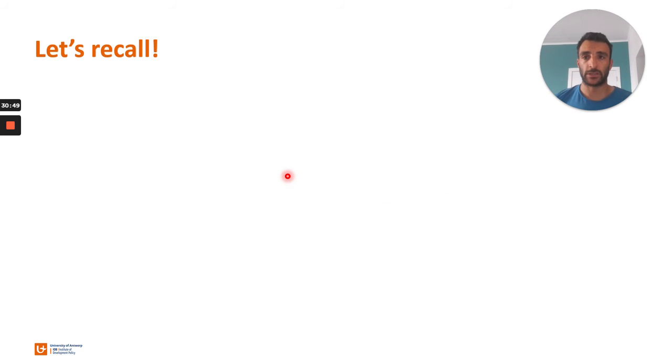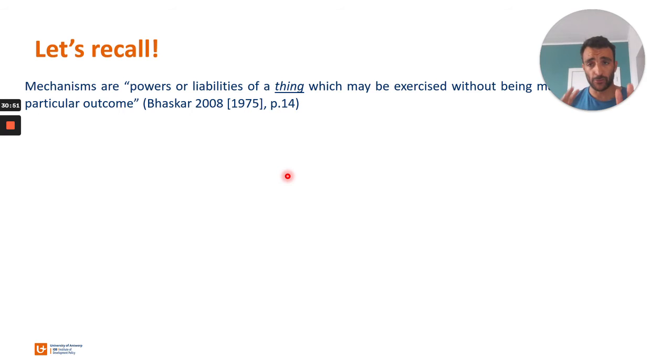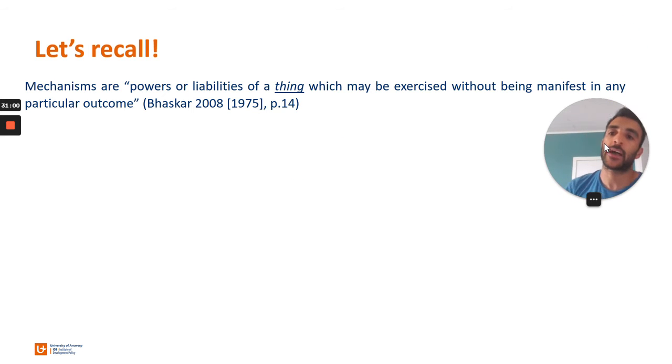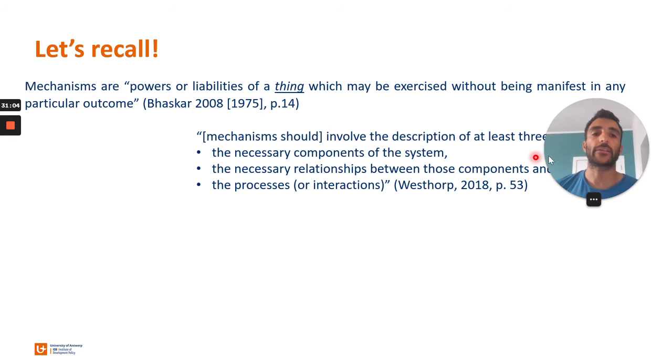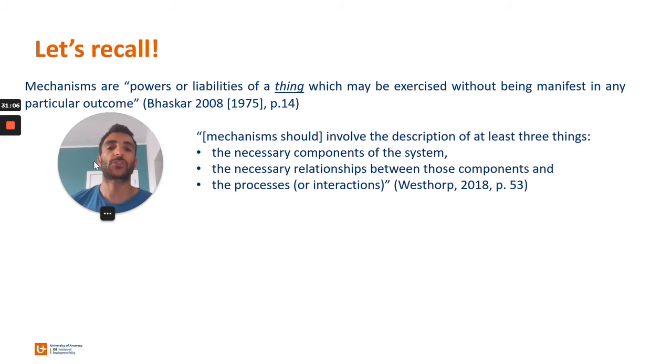And so let's recall everything a little bit. What have we been looking into right now? First of all, mechanisms are powers or liabilities of a thing which may be exercised without being manifest in any particular outcome. Secondly, mechanisms should involve the description of at least three things: the necessary components of the system, the necessary relationships between those components, and the process or interactions.